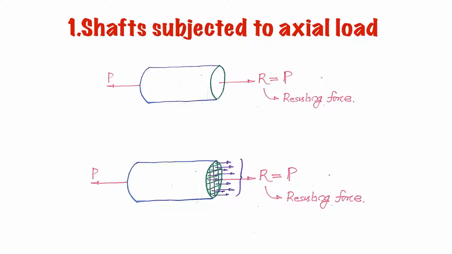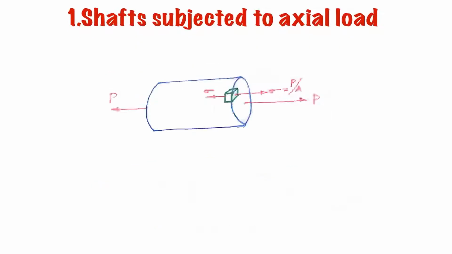And you already studied that for this kind of loading, all elements are equally contributing to resisting, so that the contribution per element is the same, or the stress developed in all elements is the same. Means here all elements are critical. So for a shaft subjected to axial load, all sections are critical, and if you are taking any cross section, all elements are contributing equally, so all elements are also critical here.